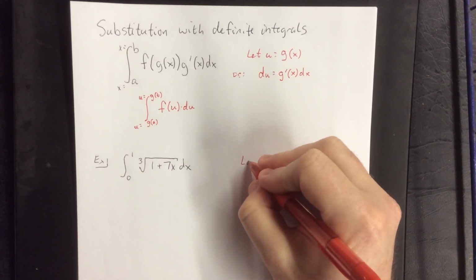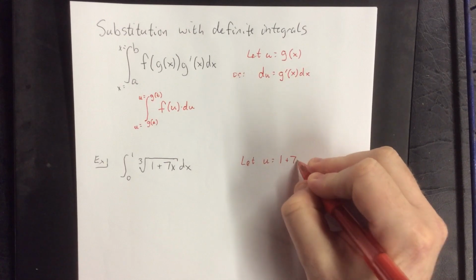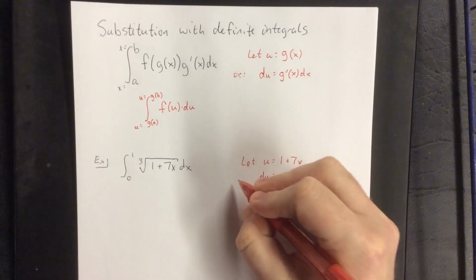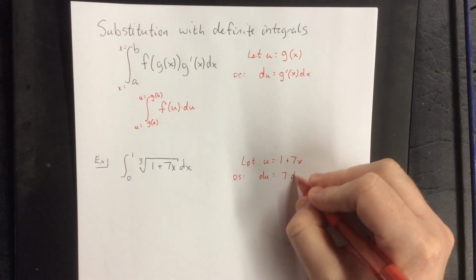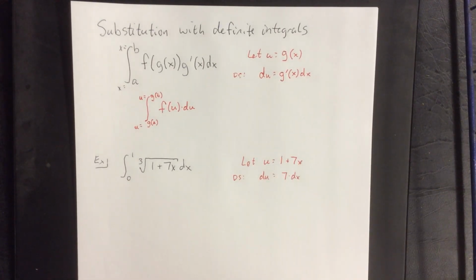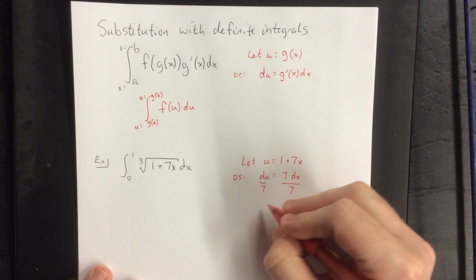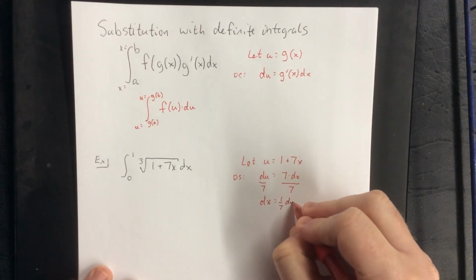So in this case, we'll say let u be equal to that function that's inside the other function. Therefore, du would be equal to 7 times dx. Now, we don't have a spare 7 in here, so we can use algebra to solve for dx and say that dx would be equal to 1/7 du.